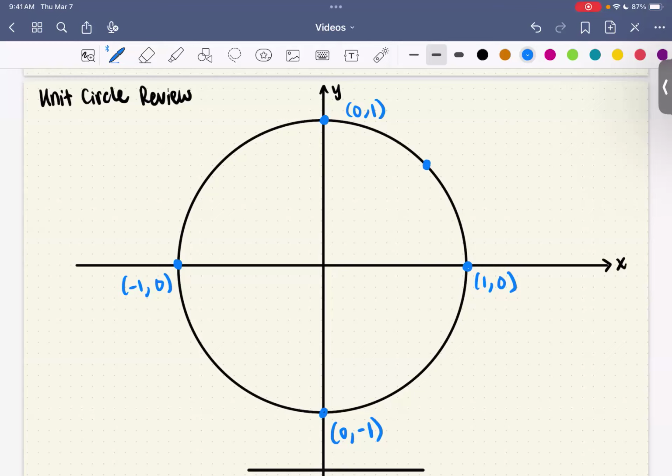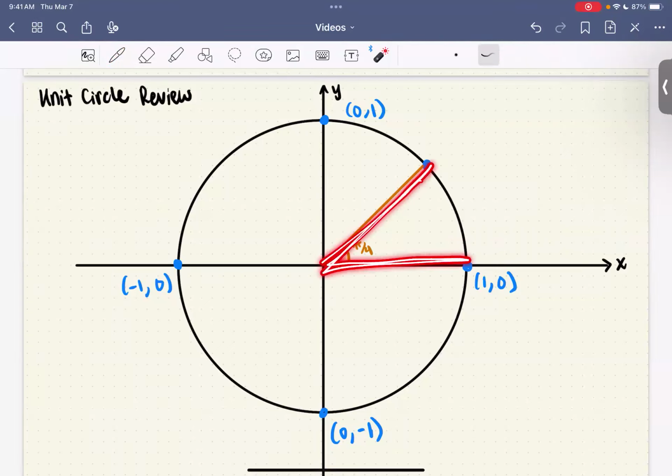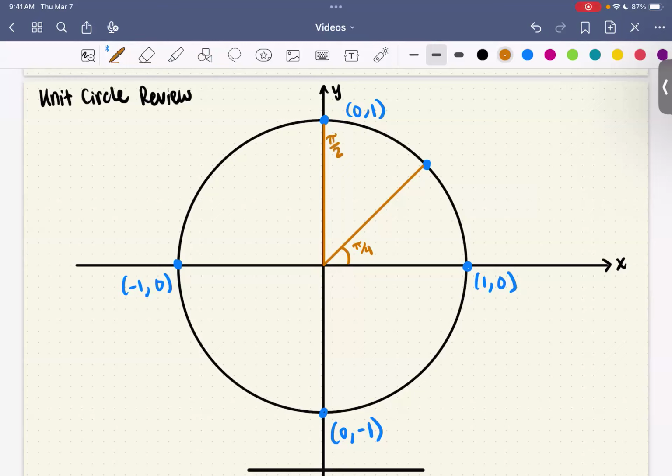So this is the angle pi/4, also known as a 45-degree angle. And from the positive x-axis to here is a 90-degree angle. This angle is also, in radians, pi/2.